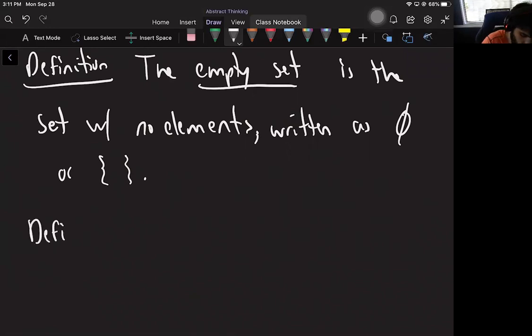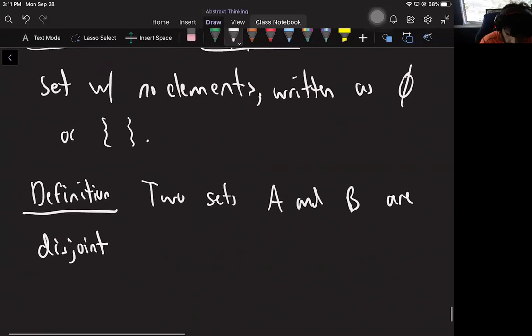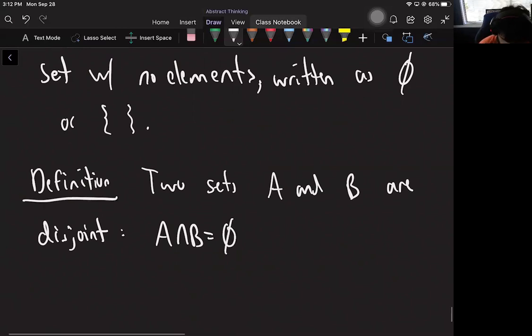And it's a very important set. We can define something else. So two sets are disjoint. Disjoint should mean that they have nothing in common, right? So their commonality is their intersection. And if that is empty, meaning there's nothing in there, then that's what it should mean for A and B to be disjoint.